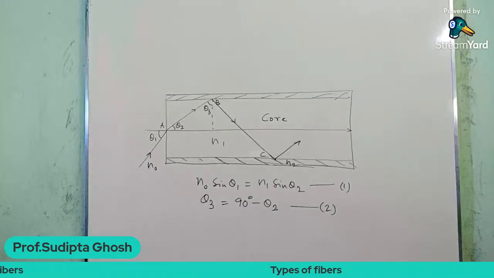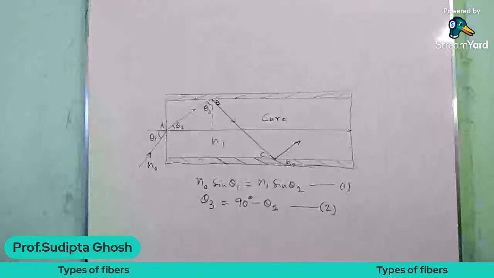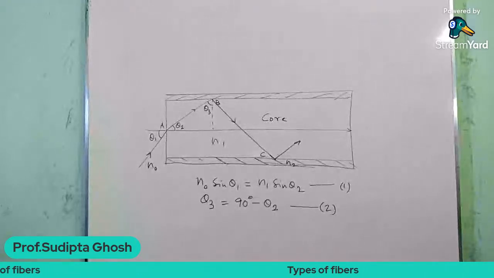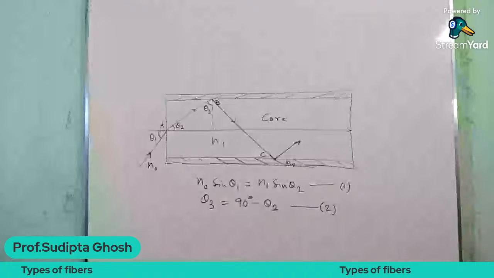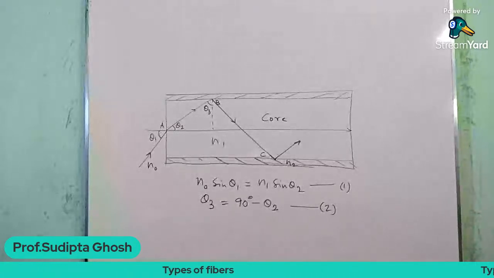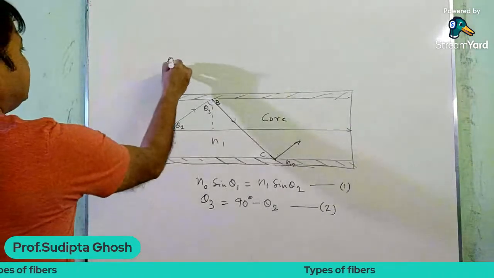So there is a maximum value of θ1 beyond which we can't increase θ1. That particular maximum value of the angle θ1 is known as θA, the acceptance angle.